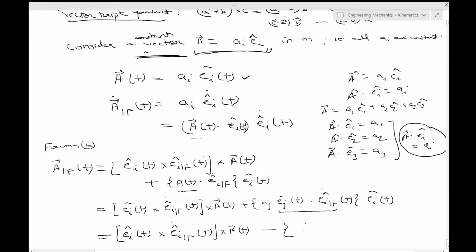So I would have a_j and e_j dot e_i dot.